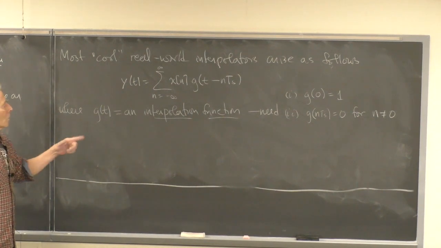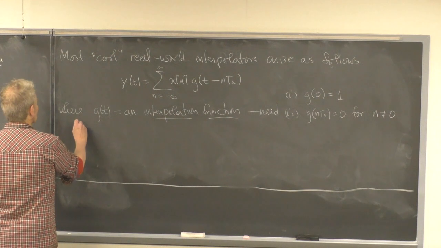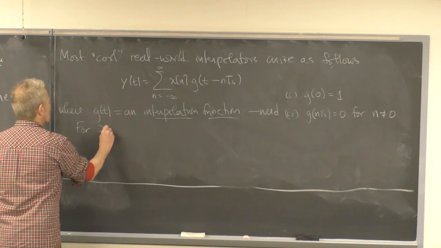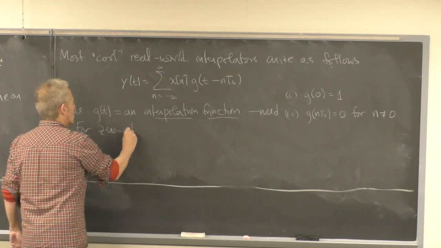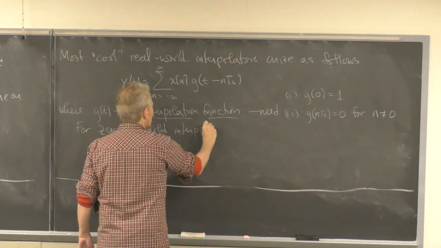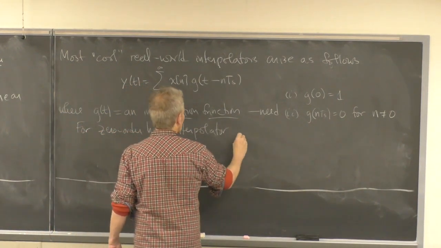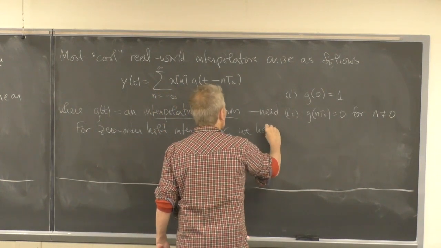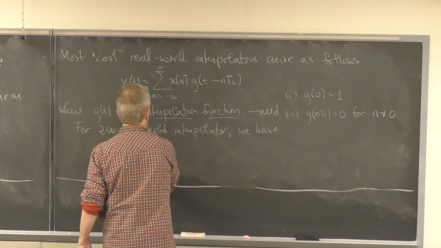For the zero order hold interpolator, the one that puts out a step function, this is our g of t.